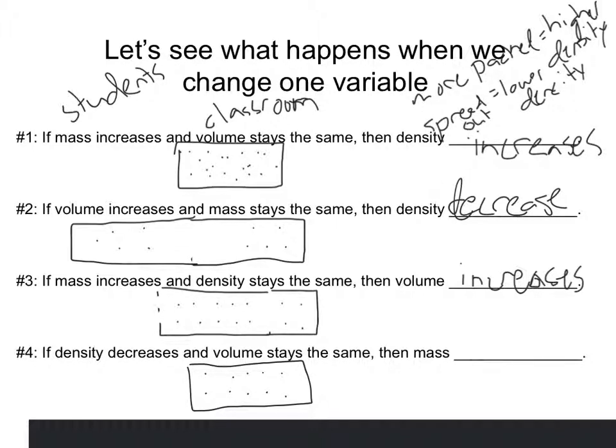Well, the only way for me to spread the students out more while keeping the classroom the same size would be to actually remove students. And now you can see, as we remove students, they're now more spread out, so therefore the density has decreased while volume stayed the same. So therefore, if we lost students, the mass would have to decrease as well.